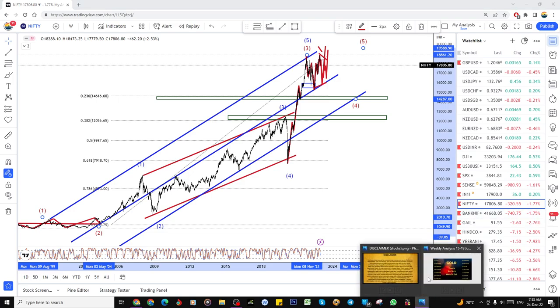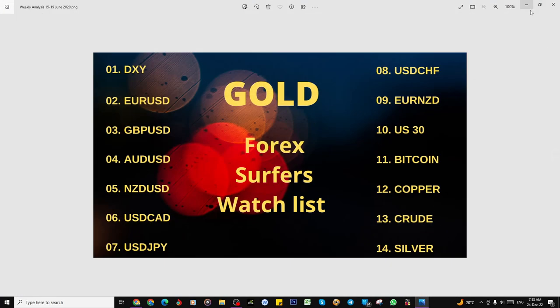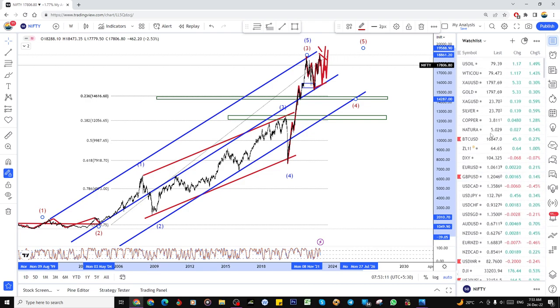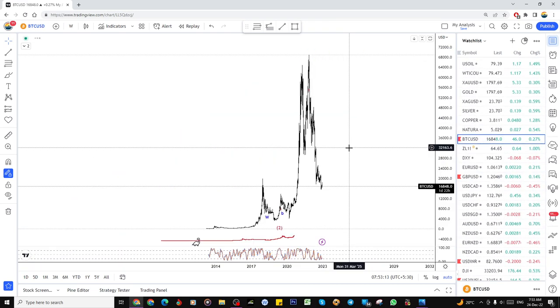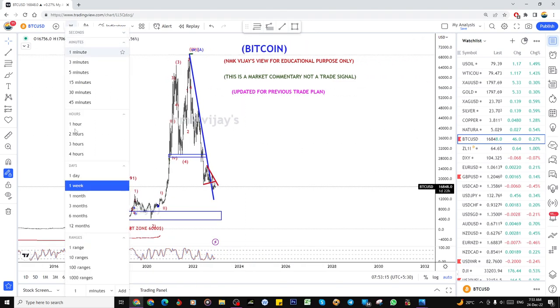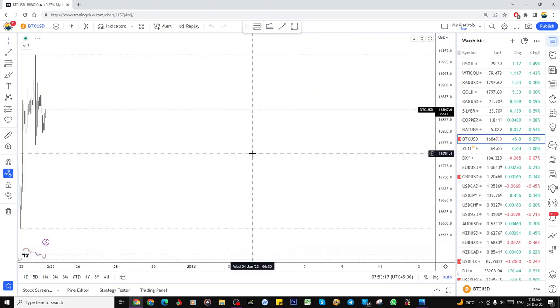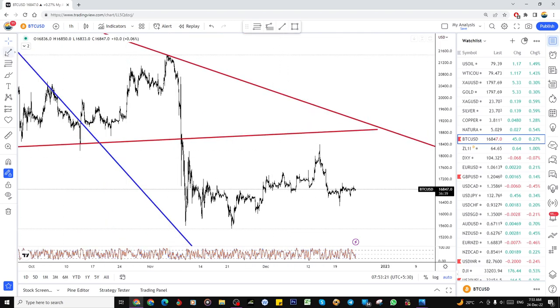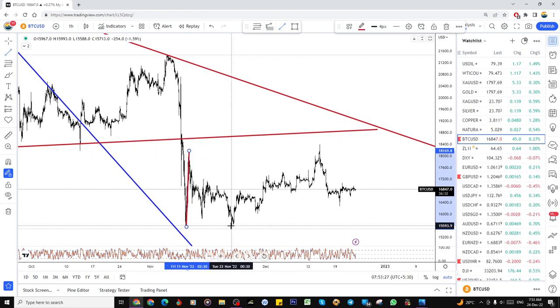So let's finish that and go for Bitcoin. Look at this. Only for this I was expecting here, for this 5 wave, right?